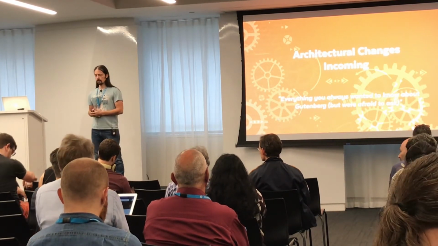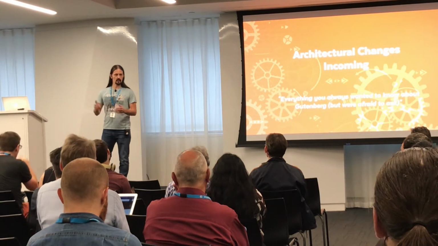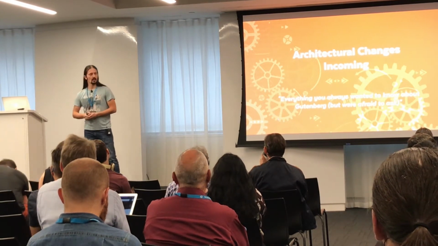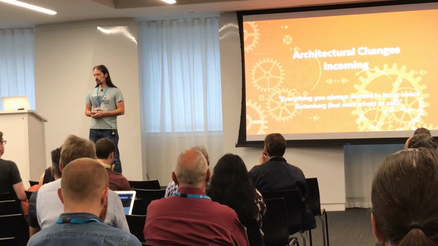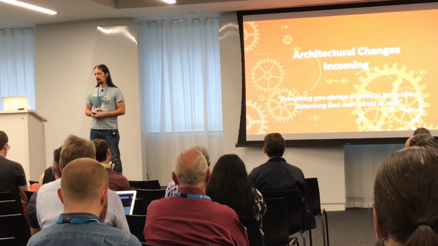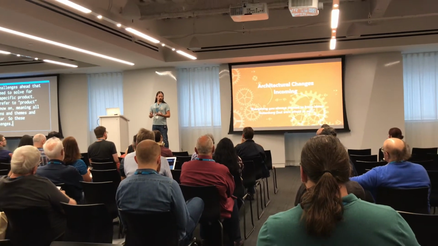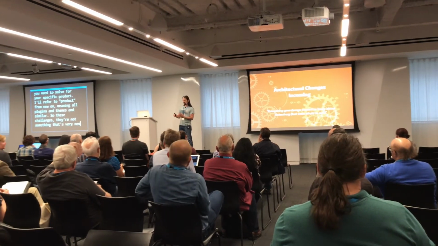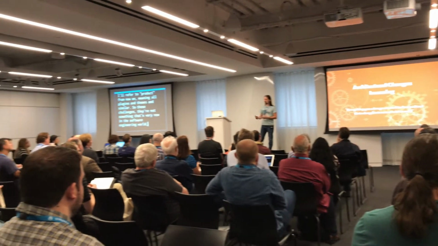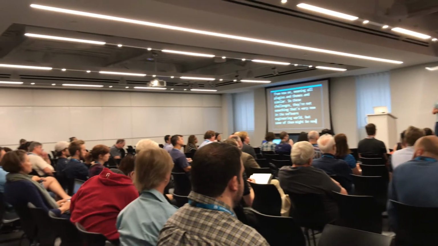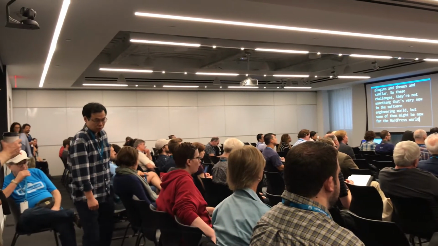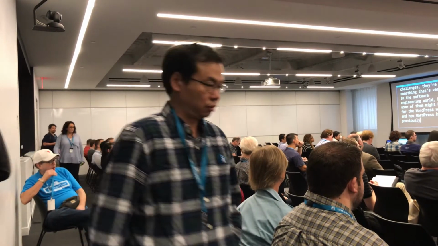I'll refer to product from now on, meaning all plugins and themes and similar. These challenges are not something that's very new in the software engineering world, but some of them might be new for the WordPress world and how WordPress has previously been known to work.